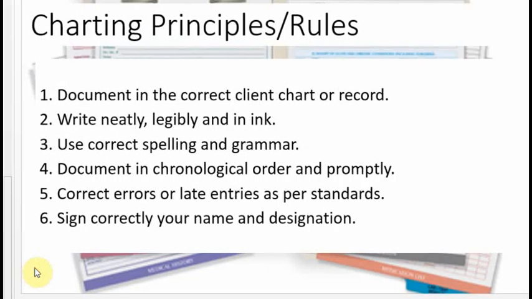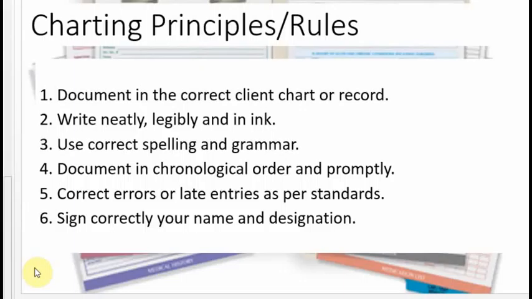Now, charting principles or rules. Document in the correct client chart or record. Very important: write neatly, legibly, and in ink. It has to be legible, right? How is everybody else supposed to read it if your writing is not legible? Use correct spelling and grammar. Use correct abbreviations. Document in chronological order and promptly.